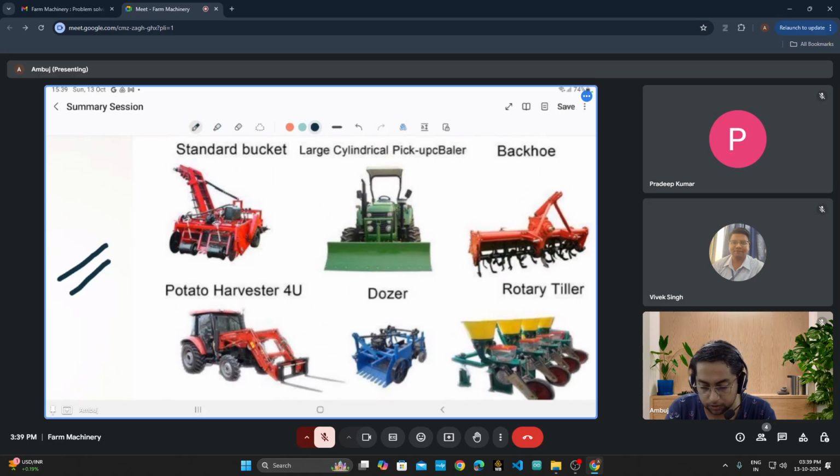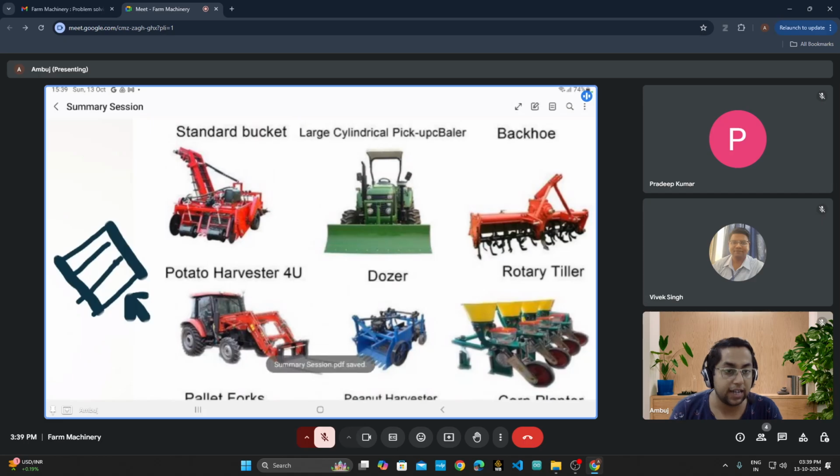So as my crop moves onto this conveyor, what will happen? The mud or the attached dirt, dust, as well as the uncut part, will automatically drop down into the field, because it has various separations.